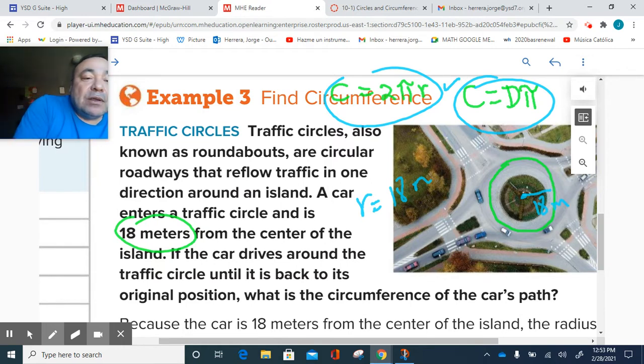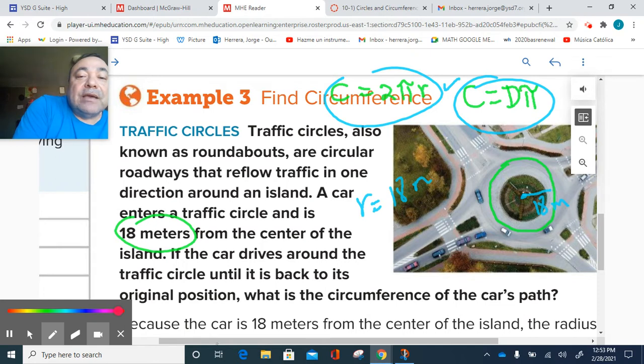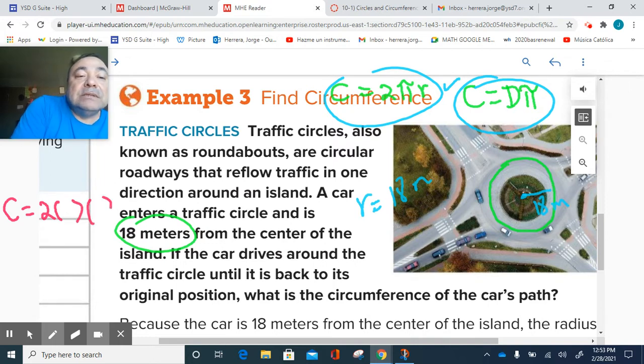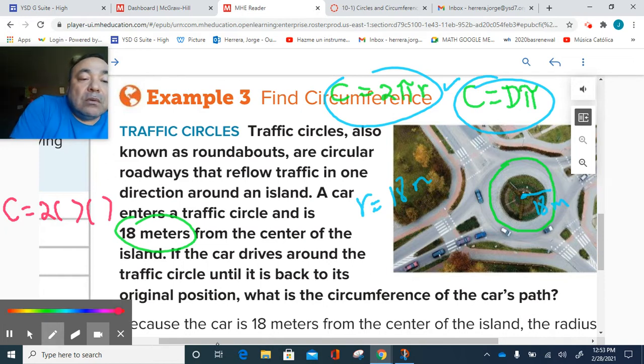So if I have to find the circumference, I need to go 2 times pi times r. They put pi in here automatically, and put an r right there, which is 18.